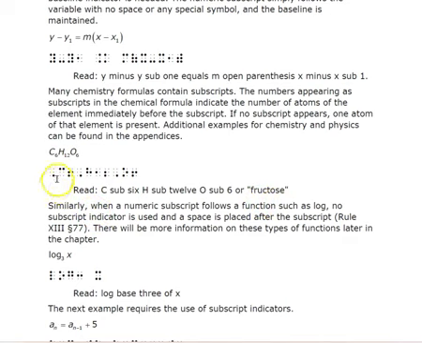So we've got capital C with a 6, no subscript sign, capital H, 1, 2, then we have a capital O and a 6. Notice there are no spaces, because there are none in print. Okay?